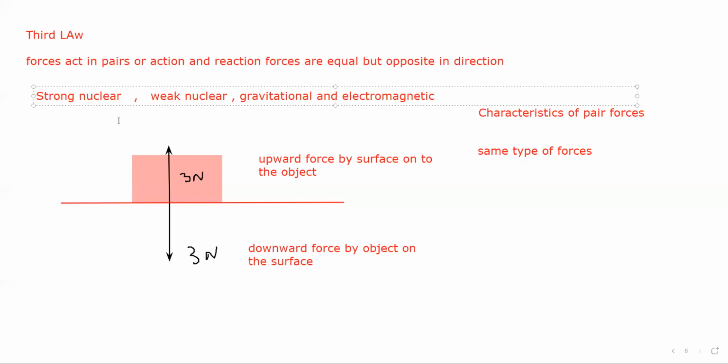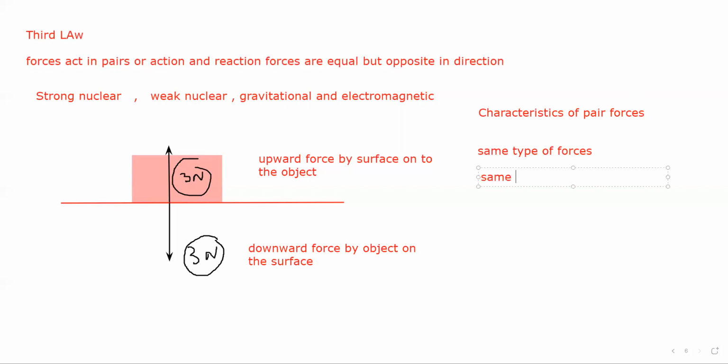So when objects are in contact, or the charges are there, or the magnets are there, they have electromagnetic force. So what does it mean? The characteristic of a pair force means they are of the same type. If there is an electromagnetic force downward, the upward force is also electromagnetic.